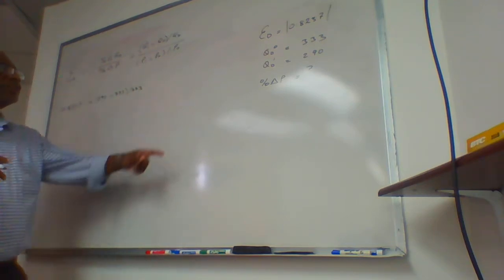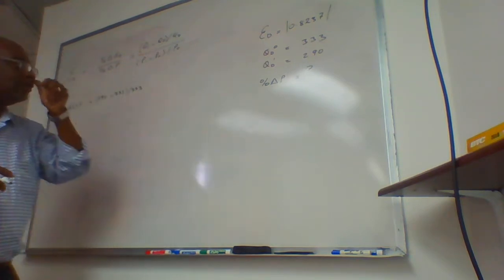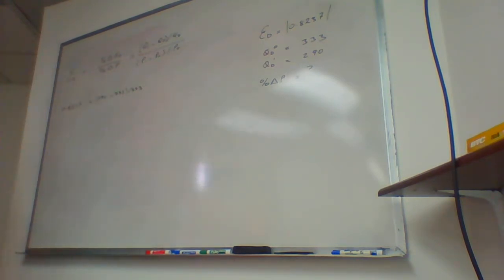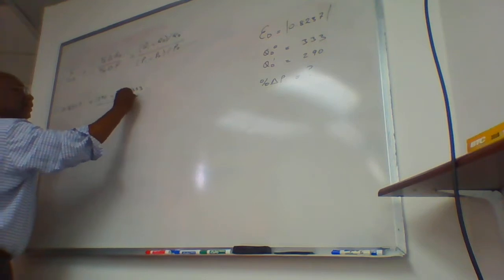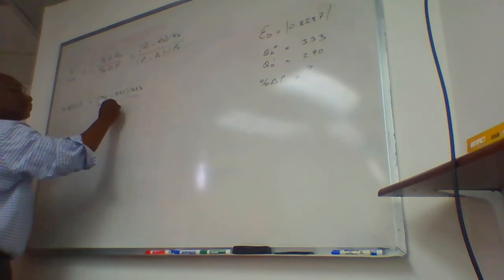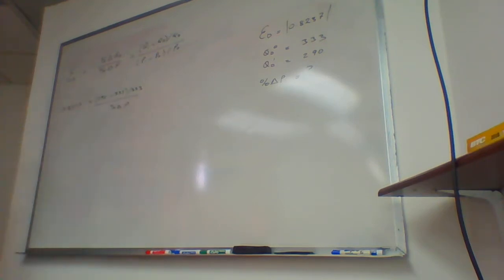This is the new Q, this is the original Q, so new minus old divided by old. And I want to find the percentage change in P. All right. So let's see what we can do about solving this. We don't have to do anything with that for the moment.